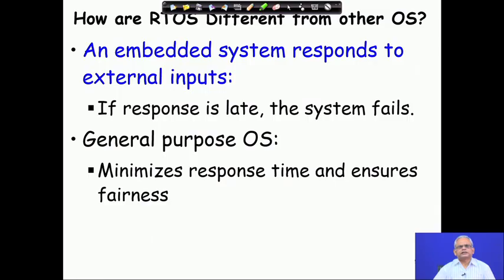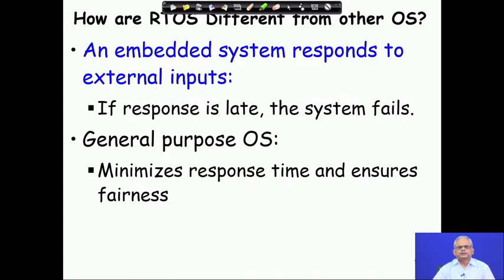Now, let us try to answer the second question, how is a real time operating system different from the traditional operating system with which we are familiar? So, the first thing is that it somehow has to make the tasks meet their deadlines, otherwise the system will fail. If the response is late, then the system will fail.